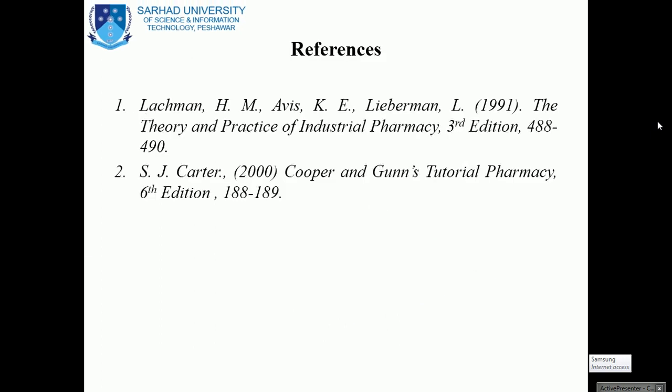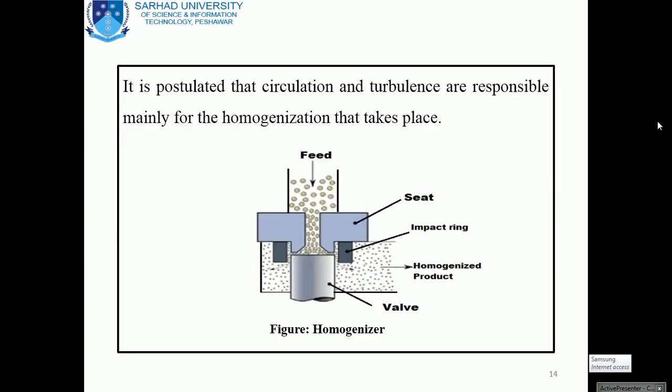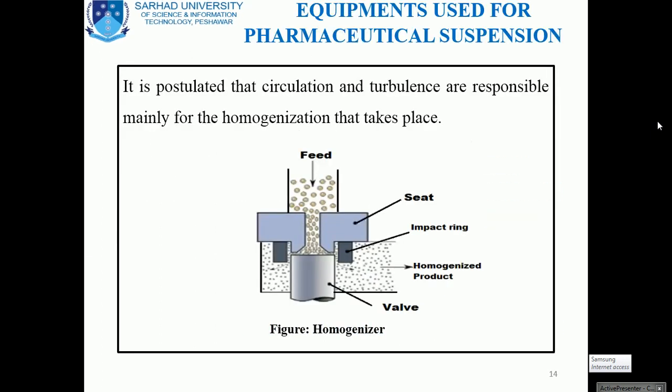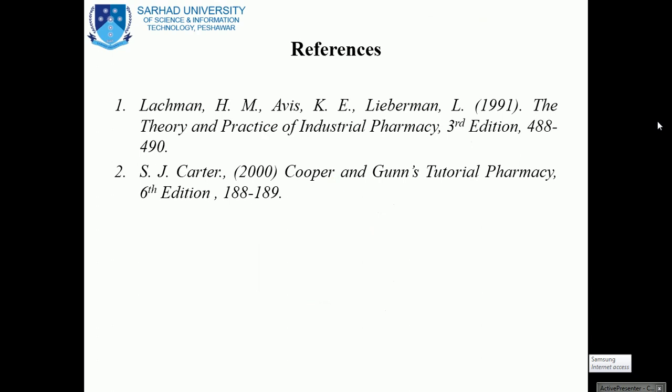That's all about the various equipment used in the formulation of pharmaceutical suspension. References you can consult: Lachman and Lieberman, The Theory and Practice of Industrial Pharmacy, 3rd edition, pages 488 and 490.